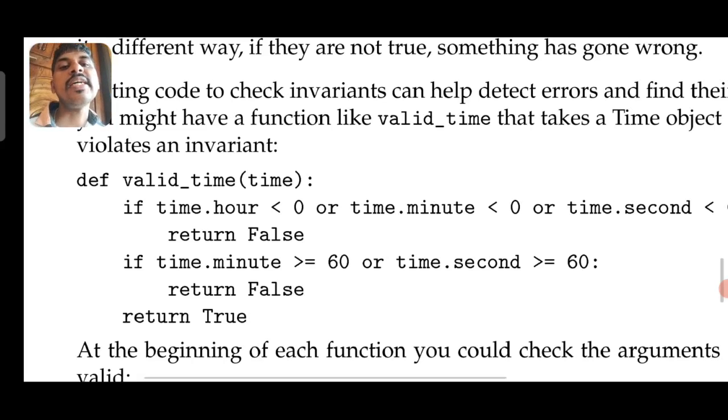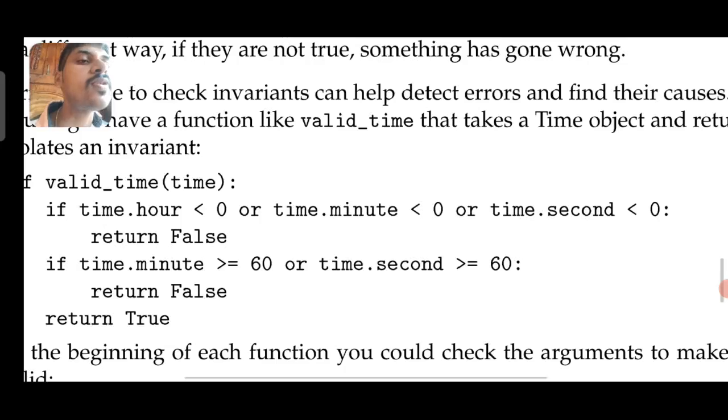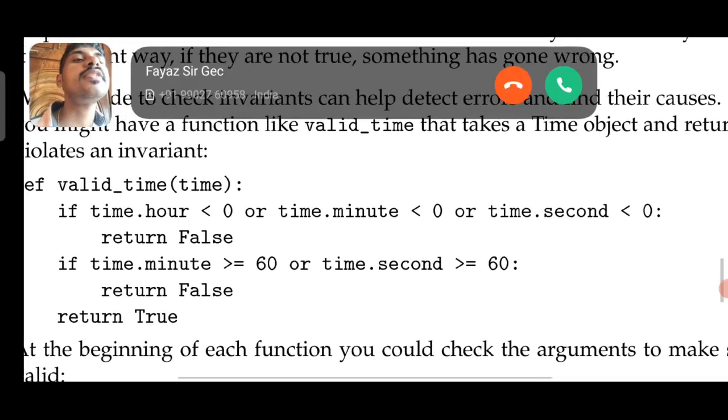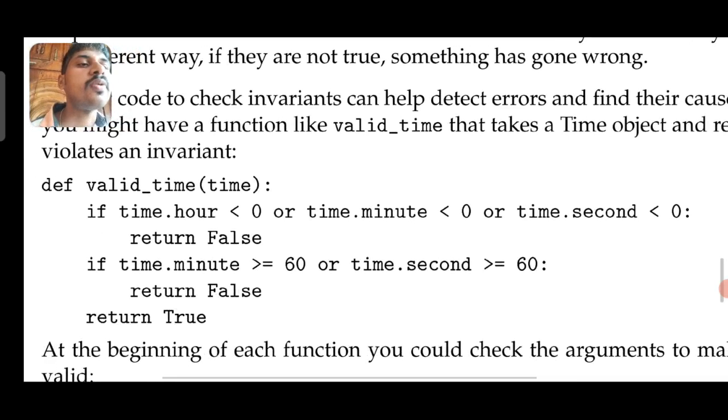So there is an if statement. If time dot hour is less than 0, or time dot minute is less than 0, or time dot second is less than 0, so if any of the cases is matched, then what is to be written? You have to return false.